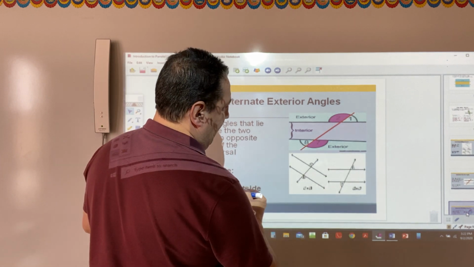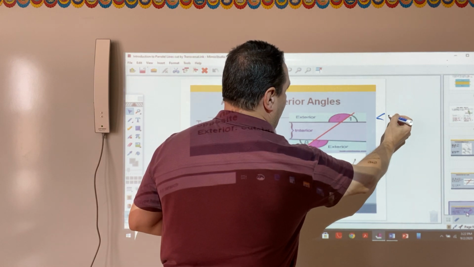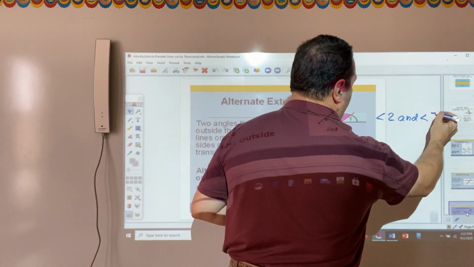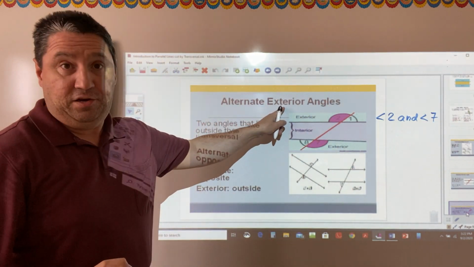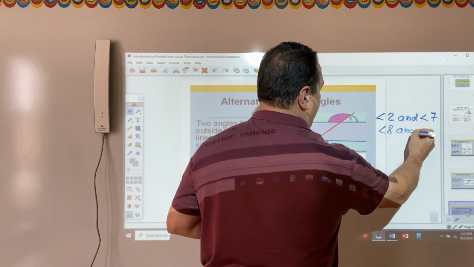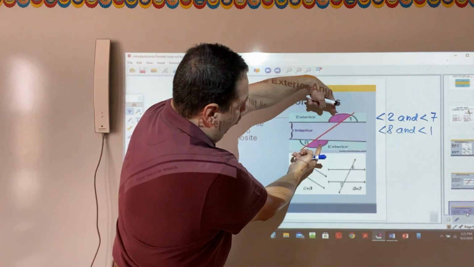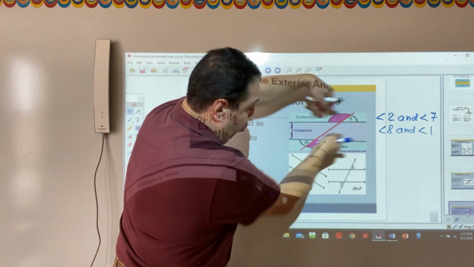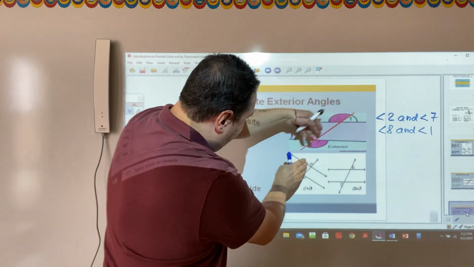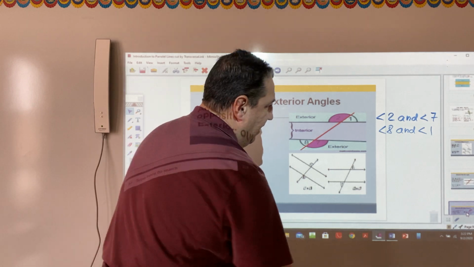For example, here, angle 2 and angle 7 are alternate exterior. Then angle 8 and angle 1. Again, they are alternate exterior, right? So 2 and 7 are exterior to the parallel lines, but they are on opposite sides of the transversal. And 1 and 8 are the same. Good. Next.